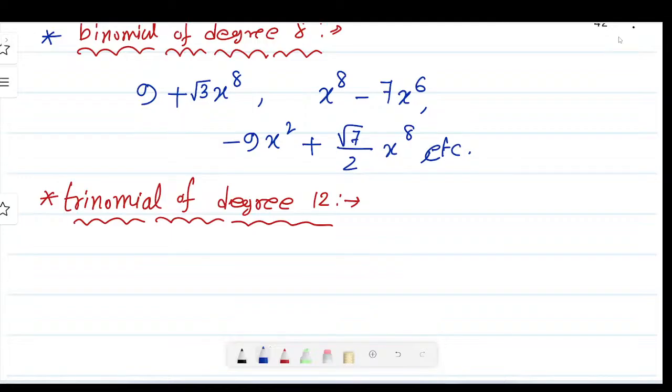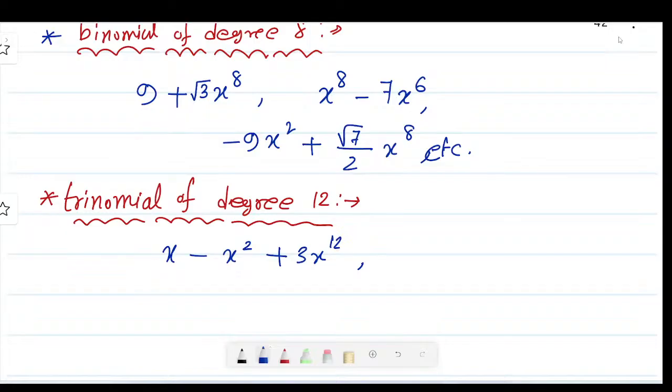So it may have three terms here, like x minus x square plus 3x to the power 12.